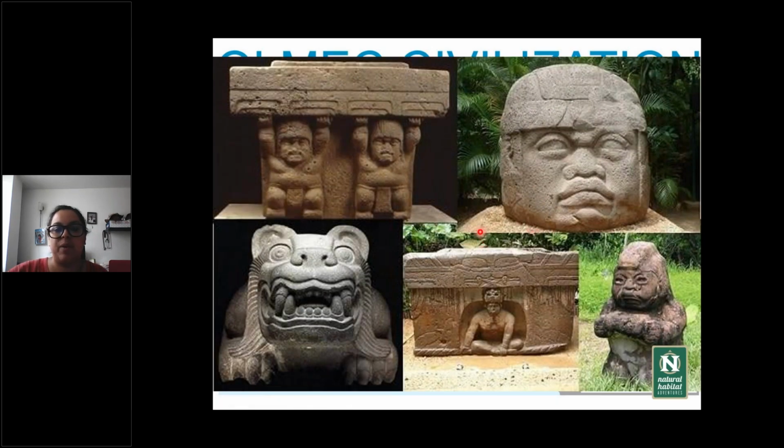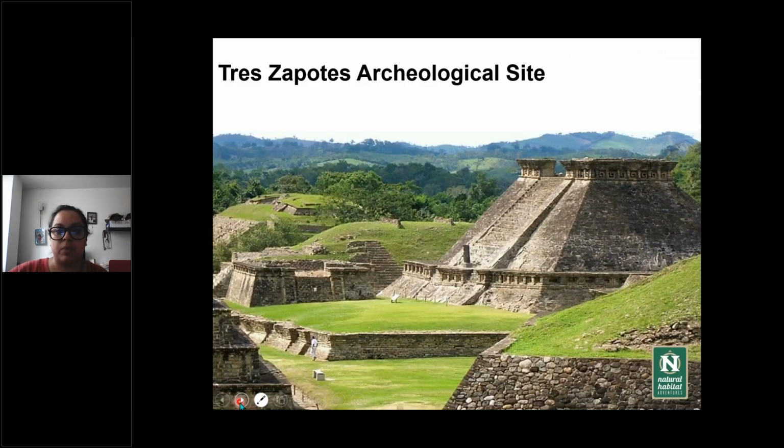The Olmecs are known for these big colossal heads here on the right. I will show you another one in a moment. They are also well known for being prolific producers of gum and jade stone. The Tres Zapotes archaeological site is one of the most impressive due to the intricate constructions, the pyramids or castles in this area.